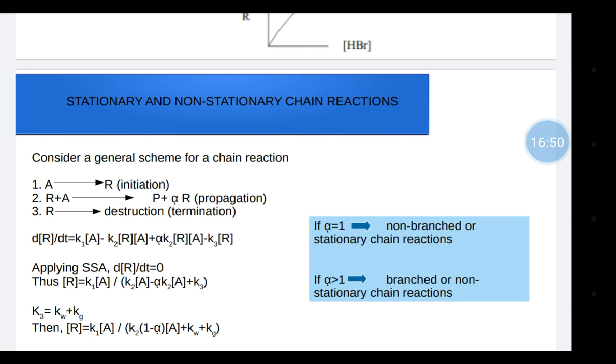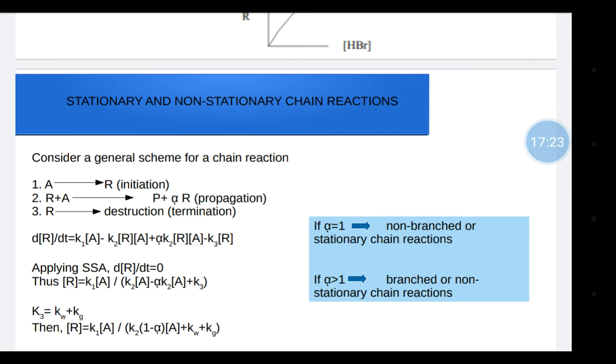Now, the rate of formation of the chain carrier will be dR/dt = K1[A] - K2[R][A] + alpha K2[R][A] - K3[R], isn't it?